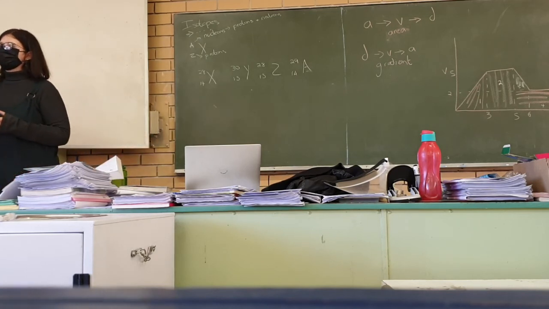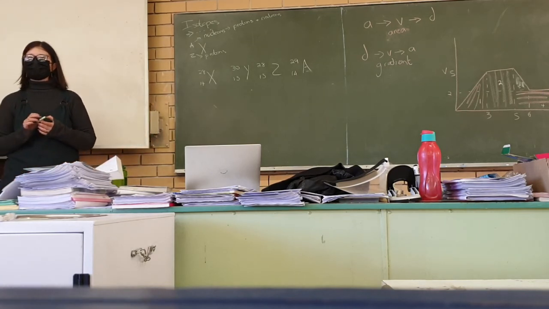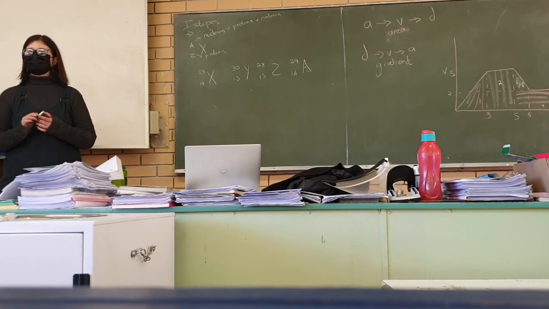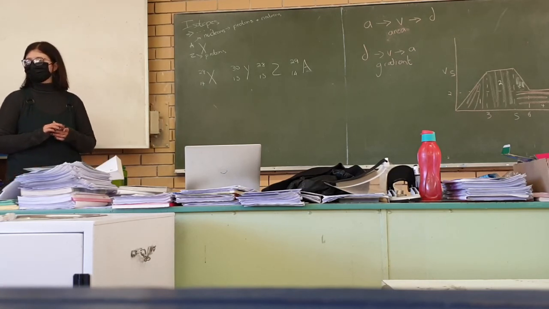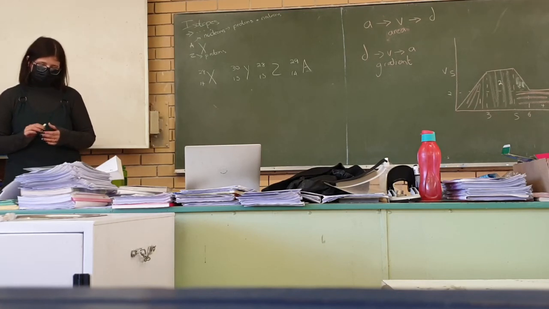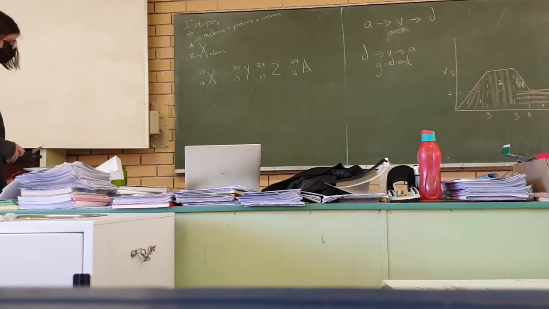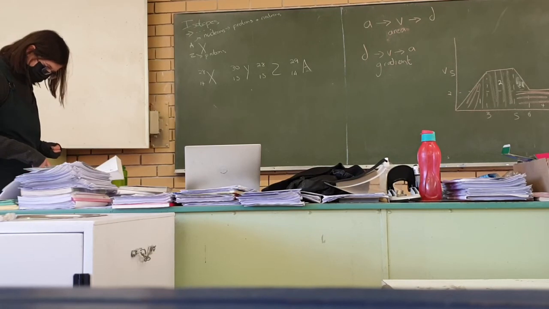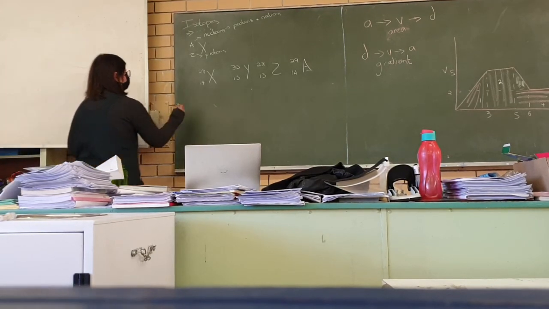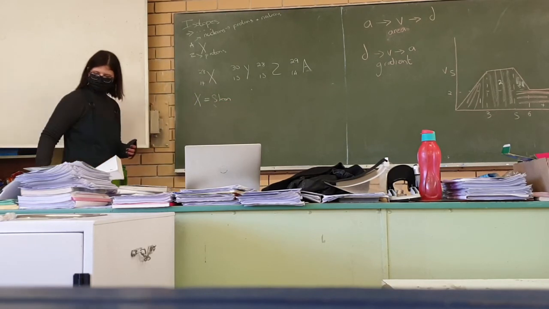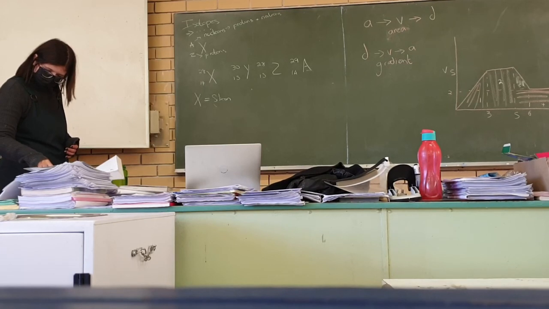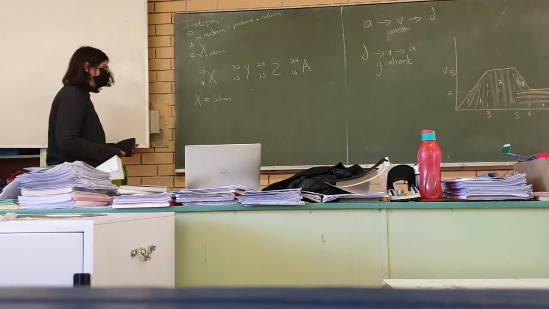Now I can say, name the elements X, Y, Z, and A. What elements are they? You look at your periodic table, you look at the number of protons. X has 14, which means it is silicon. X is equal to silicon. Then you have Y, which is 15, which is phosphorus.